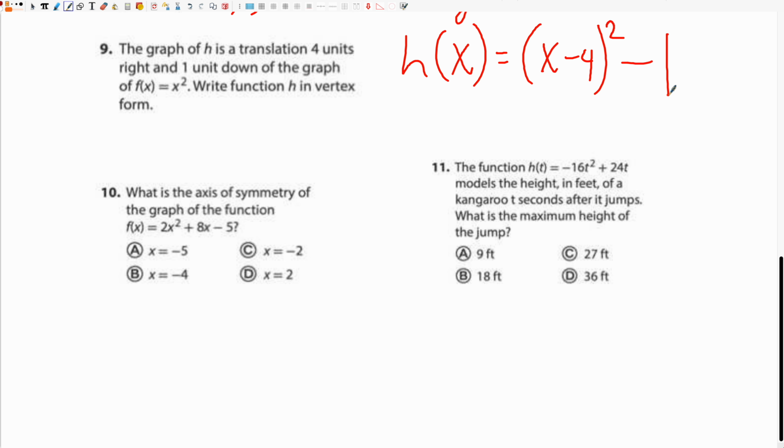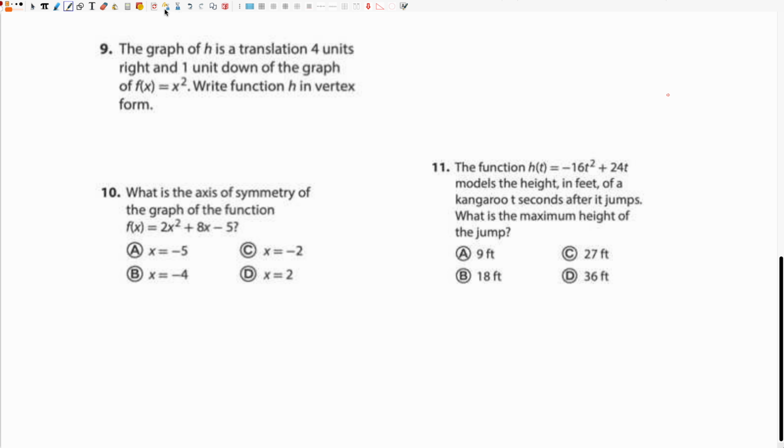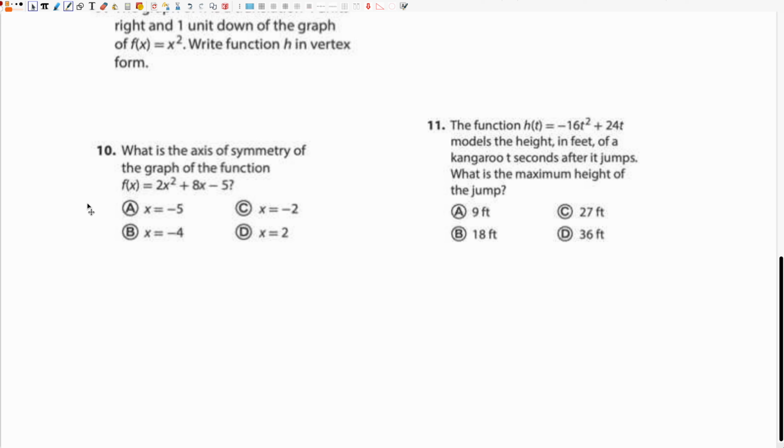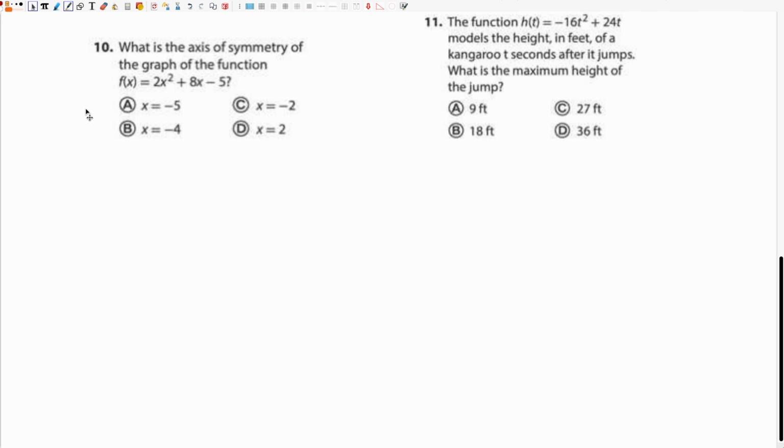What is the axis of symmetry of the graph of the function? Here's the one that we get into from the last lesson, where you've got to use the standard form of the equation to find the vertex. It takes a couple of steps.